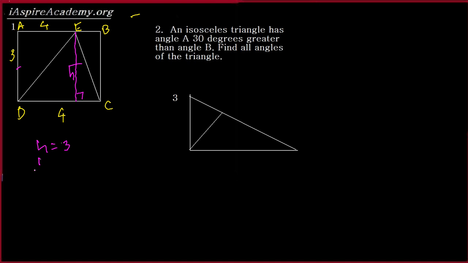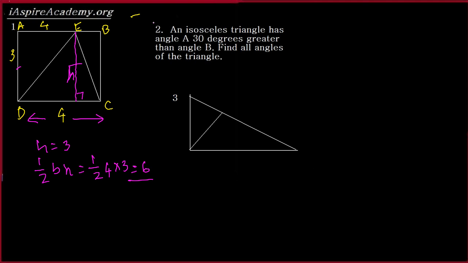So area is equal to half times base times height. So base is this, against which our perpendicular line, which is the height, is drawn. So half times base is 4 and height is 3. So that leads to 6. So that's our area of the triangle inside the rectangle.